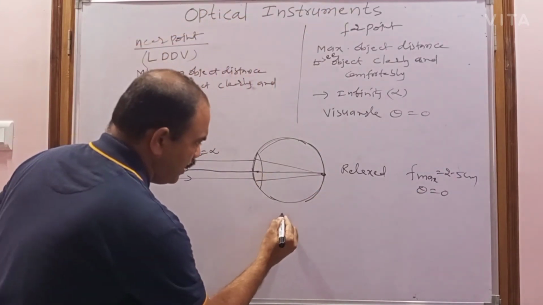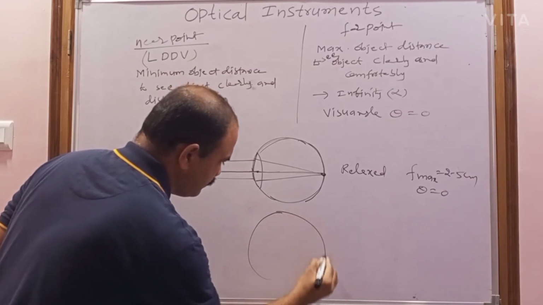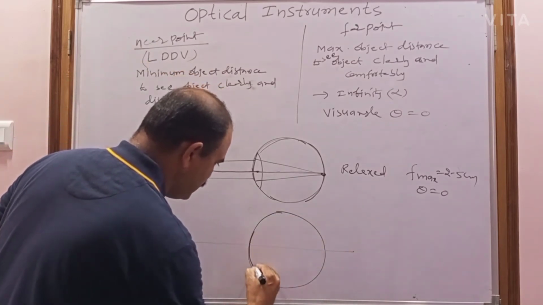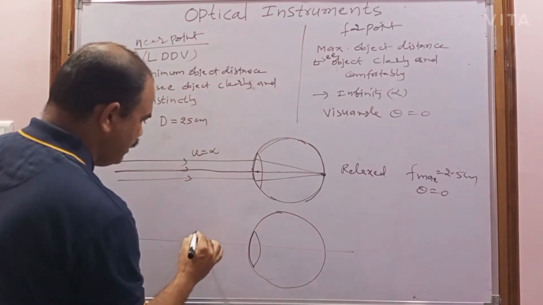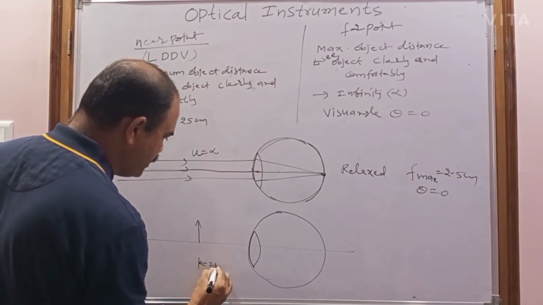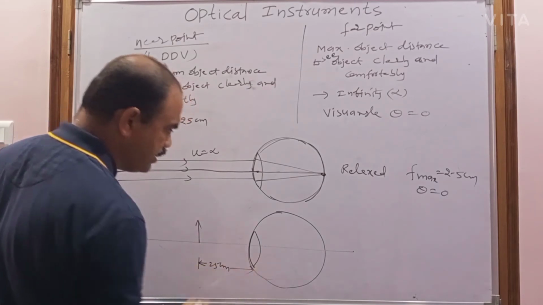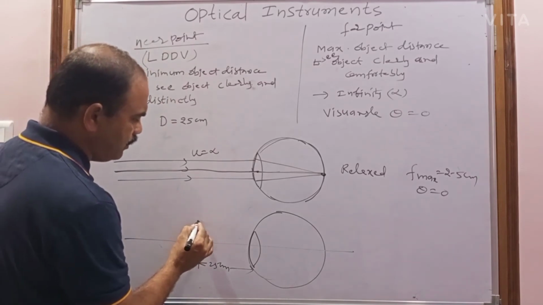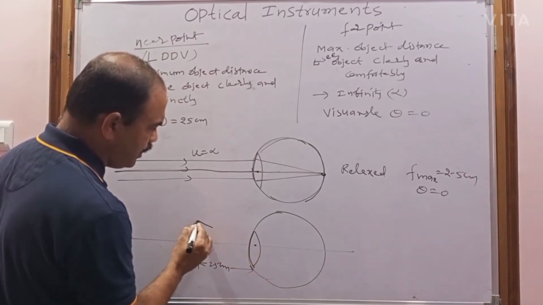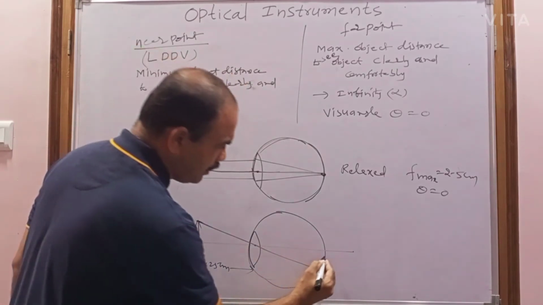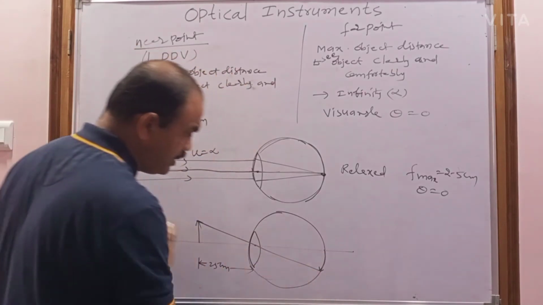Now consider this is our eye, and this is the eye lens. Now the object is at the near point distance. Near point distance is how much? 25 centimeter. Now this eye lens forms the image on the retina like this, and the size of the image is increasing.